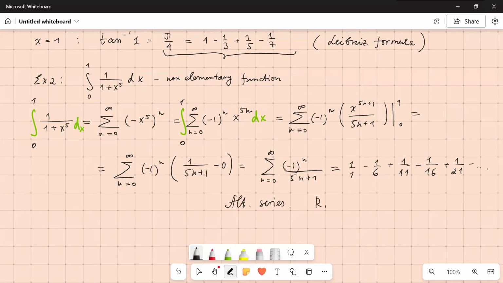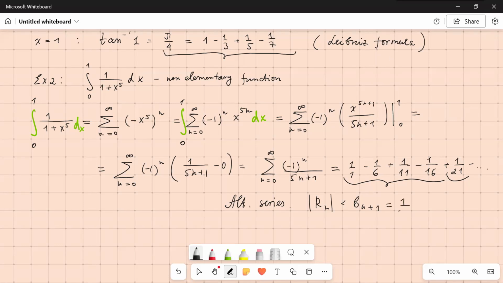Remember that the remainder of an alternating series is less than the first term you drop. Imagine that we want to add up 4 terms, which is not very difficult using a calculator, but we want to drop the term 1 over 21. So what is going to be the remainder?